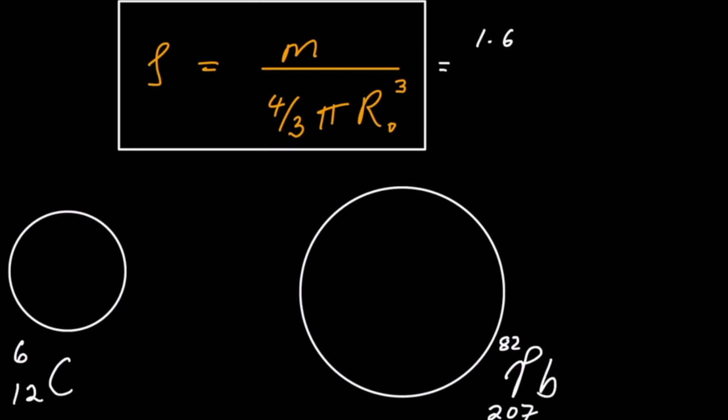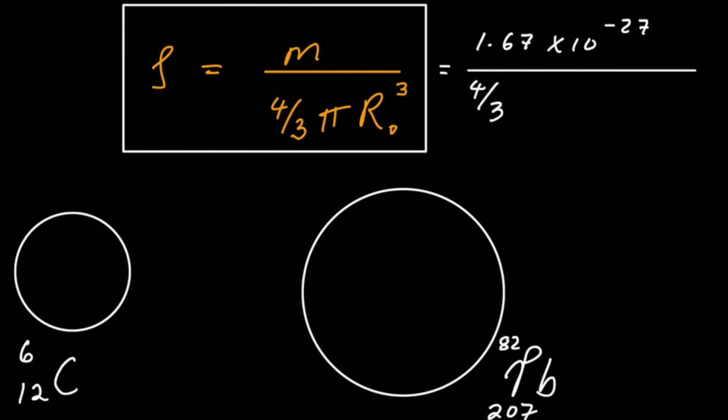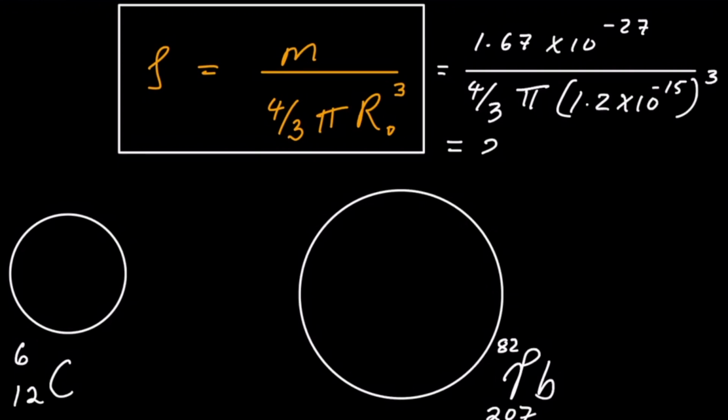We substitute the mass, which is 1.67 times 10 to the power minus 27 kilograms, and we divide the mass by 4 over 3 pi, and then instead of r naught, which is also a constant, we just substitute that by 1.2 Fermis. Don't forget to cube. You'll get a constant value of the density of all nuclei to be 2.3 times 10 to the power 17 kilograms per cubic meter.